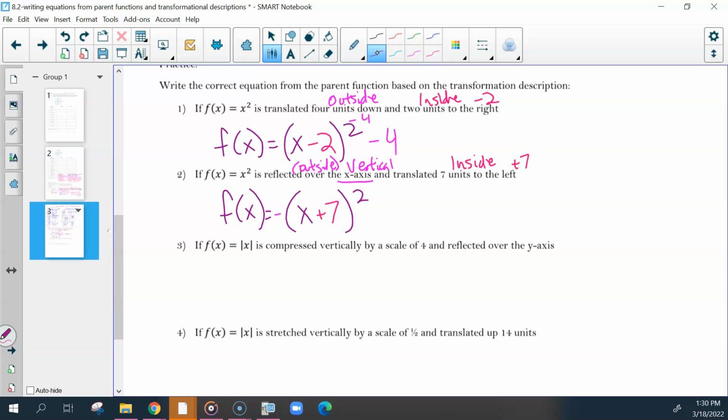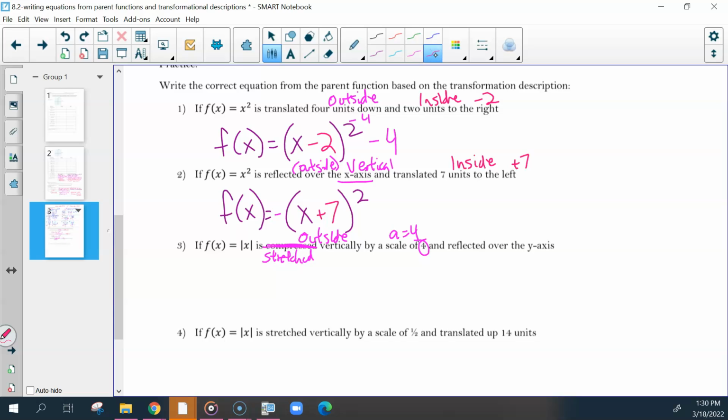Okay. So for number 3, it's compressed vertically. So this is outside. By a scale, this was supposed to say not compressed, but stretched vertically by a scale of 4. So that means we're multiplying by 4, where A is 4.